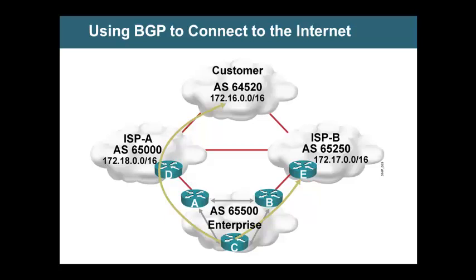EIGRP bandwidth and delay is the metric using which the composite metric is calculated. RIP hop count, where is the policy there? Nothing. So if you want to tune the path, you need to tune only the cost in OSPF. There is no other option. If you want to tune the path in EIGRP, you need to tune bandwidth or delay. So you don't have much flexibility in applying the policy.